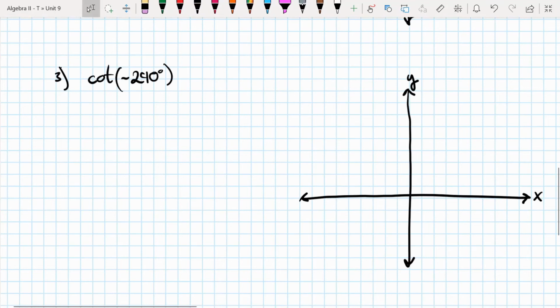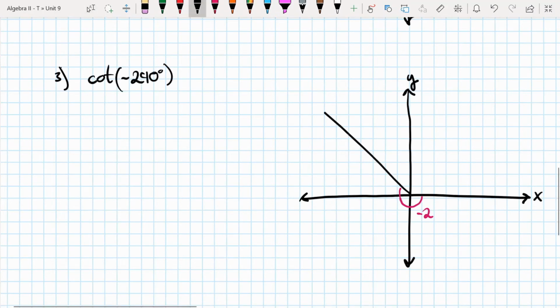So we start here. Let me redraw that. From this point to this point, that is 180 degrees. And then we're going to go an additional 60. And so this reference angle here will be 60. And this is going to be negative 240 degrees.